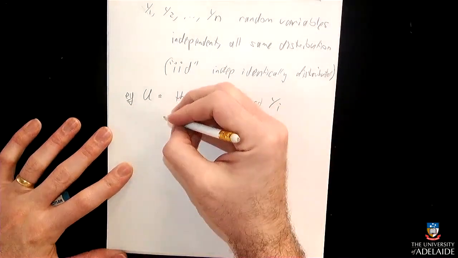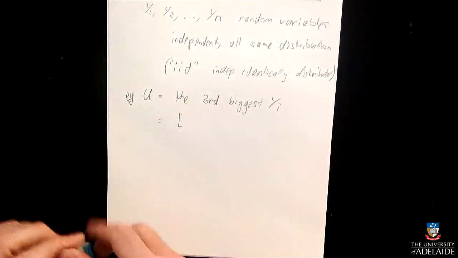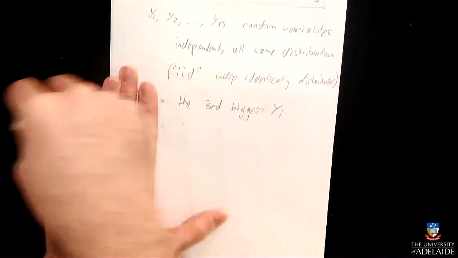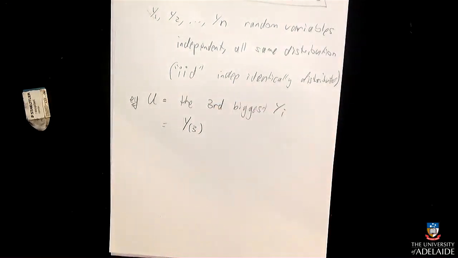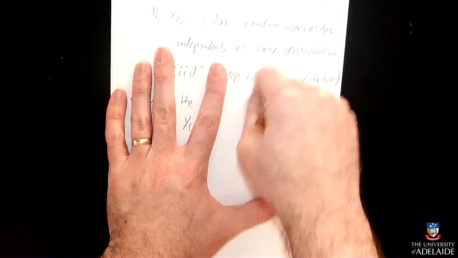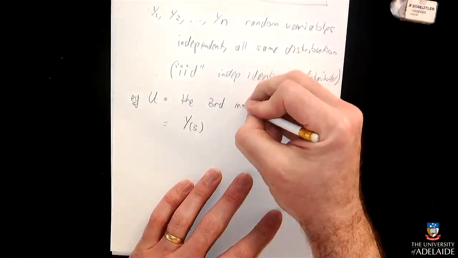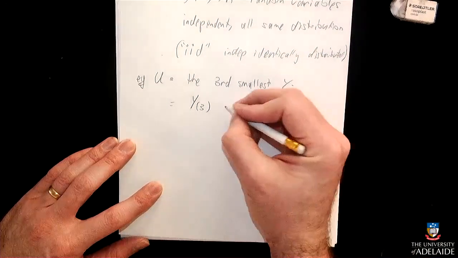Okay, so that's like square brackets, round brackets? No, so around the subscript you have the bracket. So the Y(1) is the maximum, is it? Or is it the minimum? Okay, so this is actually the third smallest one. Okay, that's the notation.